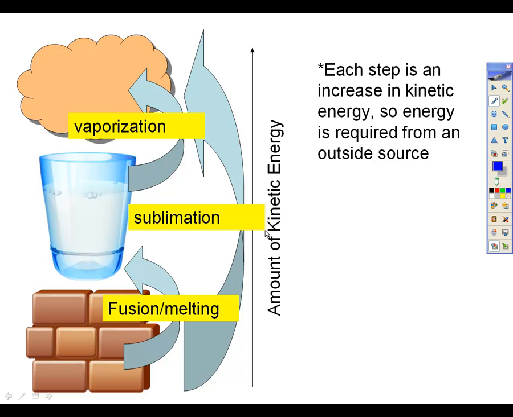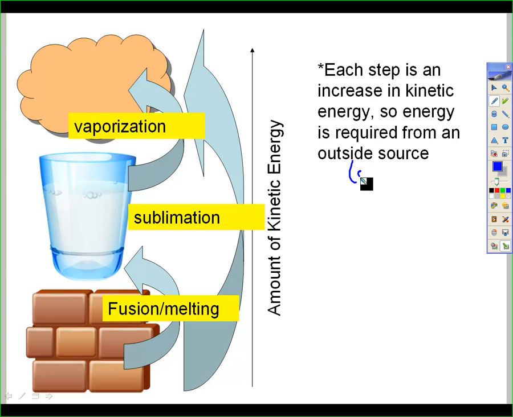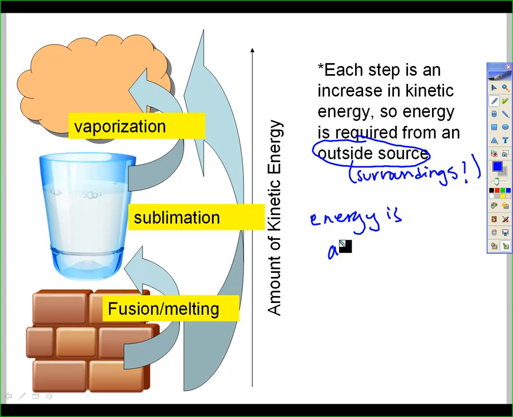So we need to get that energy from somewhere. Where is it coming from? The surroundings. That's the outside source. So if energy is coming in from the surroundings, energy is absorbed.